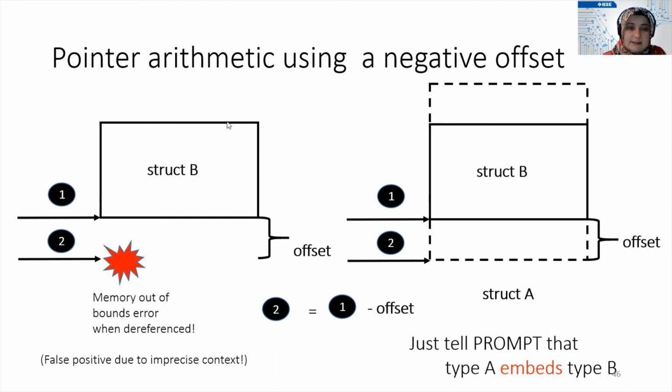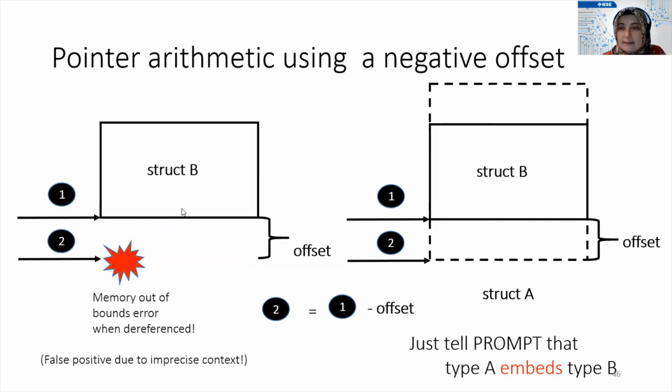On the left-hand side, when a pointer gets lazily initialized, and assuming that the pointer's base type is struct B, we would just create this object without the proper context.